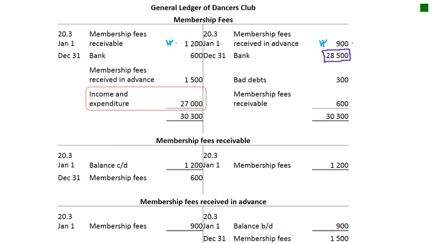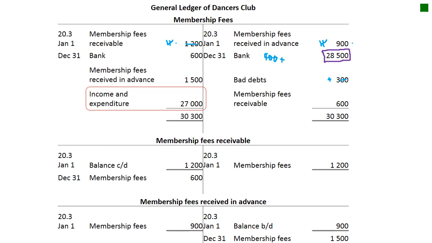Then we reverse the 1,200, which was membership fees owing from last year that hadn't yet been paid, and we saw that of that, 900 Rand was actually paid during the current year, and the other 300 Rand was written off as a bad debt. So those two amounts together give us the 1,200 Rand, which was owing from last year. So that means this effectively gets cancelled out.